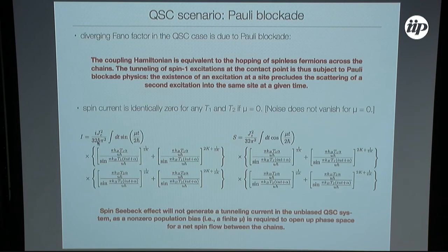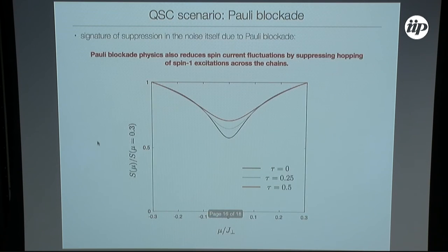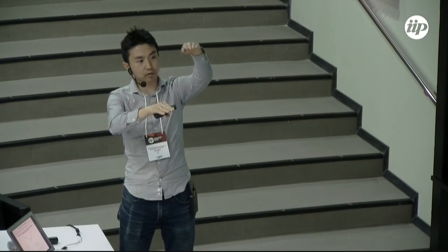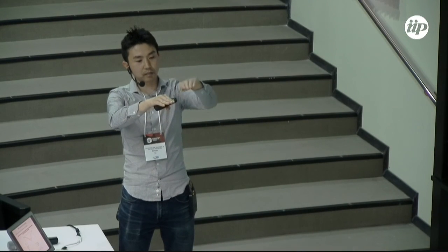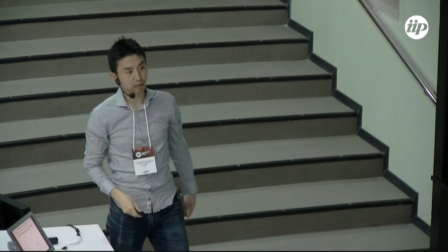Okay. This sort of suppression, this effect of Pauli blockade, is also there for the noise itself. So this is now the case where I'm sweeping the chemical potential of the first chain through 0 and then to a negative value. I start off at a positive population bias and then I go through 0 and then to a negative bias. And then the noise itself also has a dip at 0 chemical potential.